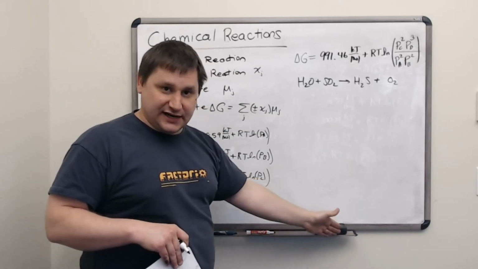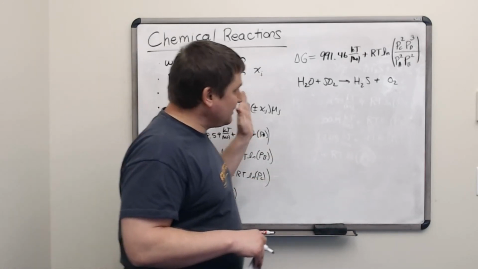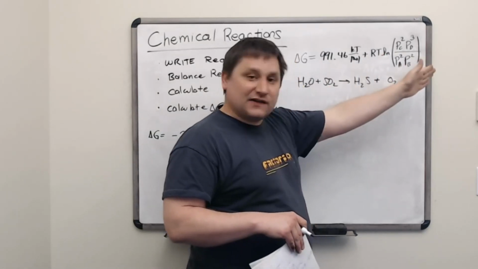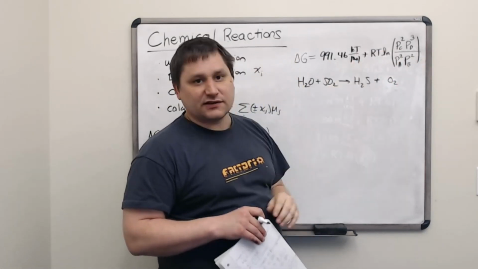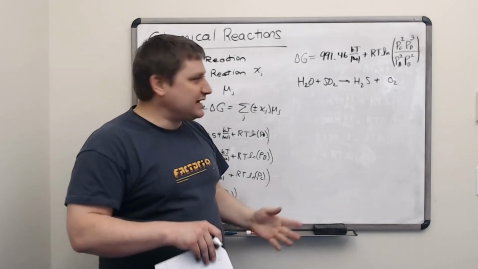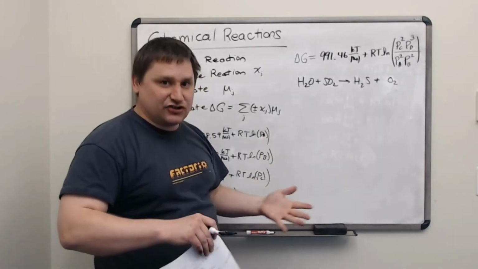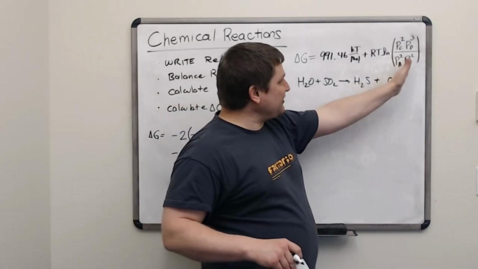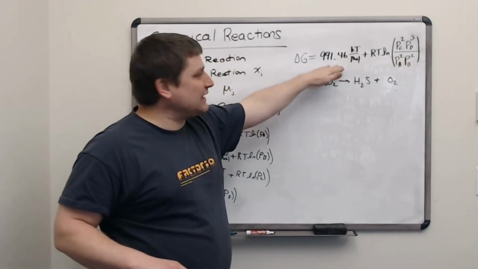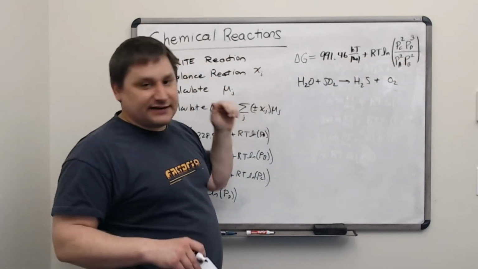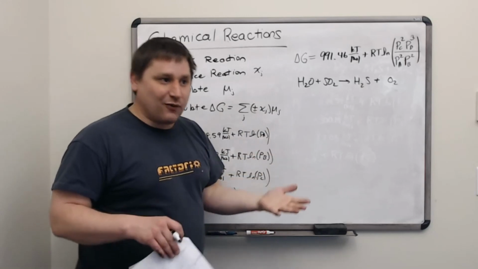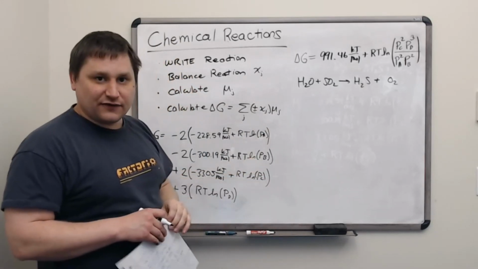It goes to negative infinity. And as the argument goes out to positive infinity, the logarithm continues to grow. It doesn't have any limits to its range. So there's always some combination of pressures which could balance out this 991 and make the delta G 0. And that would be the equilibrium condition for this reaction.